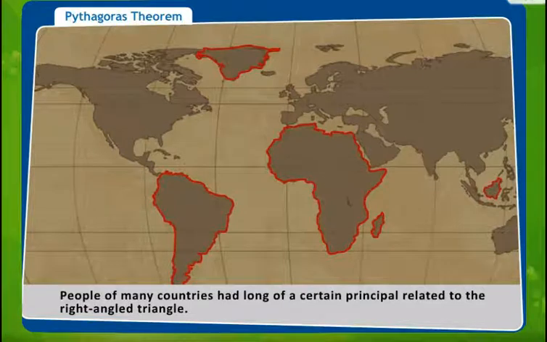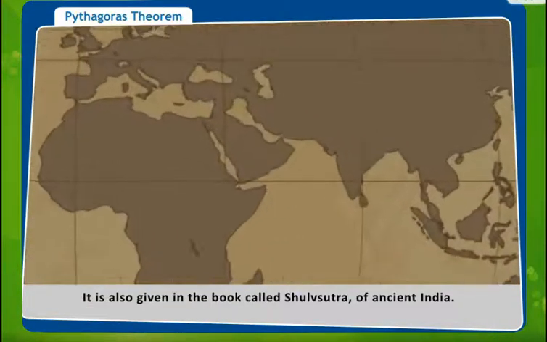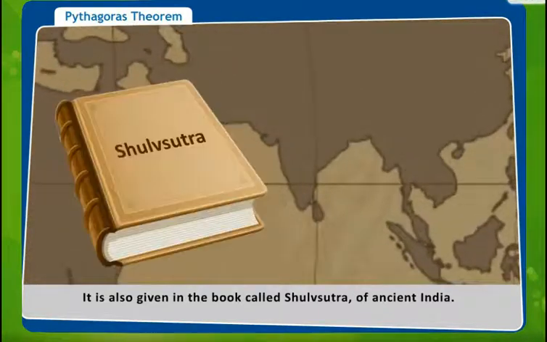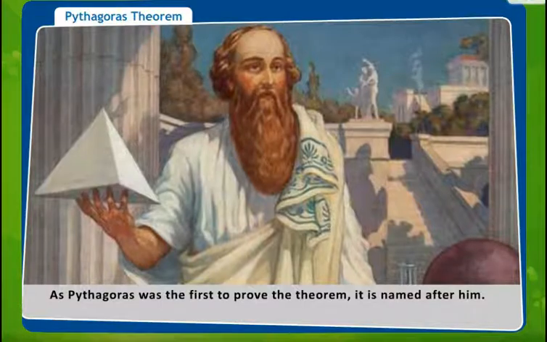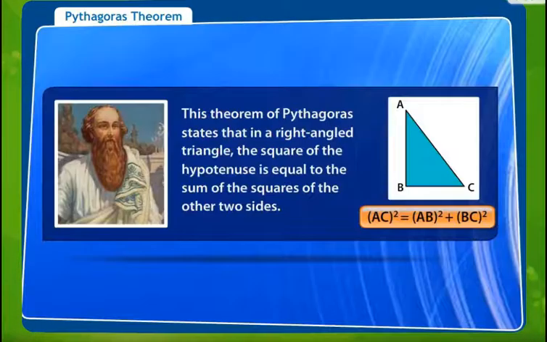People of many countries had long known of a certain principle related to the right angled triangle. It is also given in the book called Shulvastra of Ancient India. As Pythagoras was the first to prove the theorem, it is named after him. To honor him, since he proved it, we call it Pythagoras theorem.